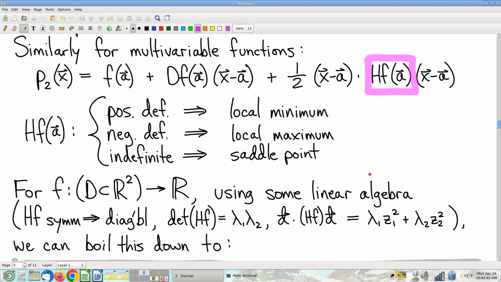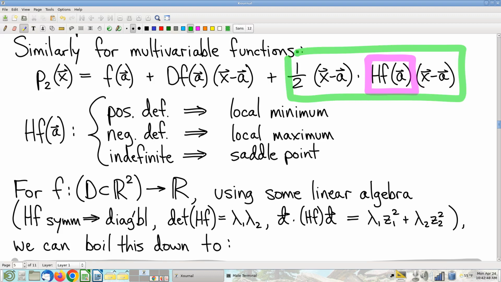So, all right, now what do we need? Well, I need to know when this term, which you'll notice is a quadratic form, flashbacks to Math 218, right? This quadratic form, I need to know when this is always positive, perhaps, or always negative, perhaps, or possibly neither, right?